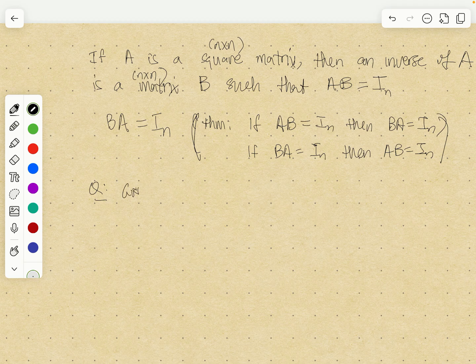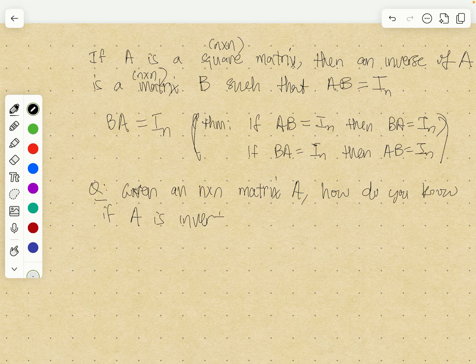Given an n by n matrix A, how do you know if A is invertible, and if so, how to find its inverse?